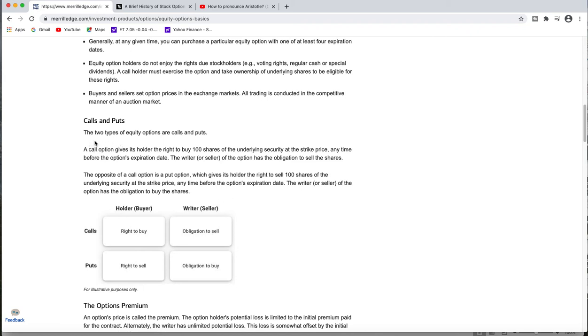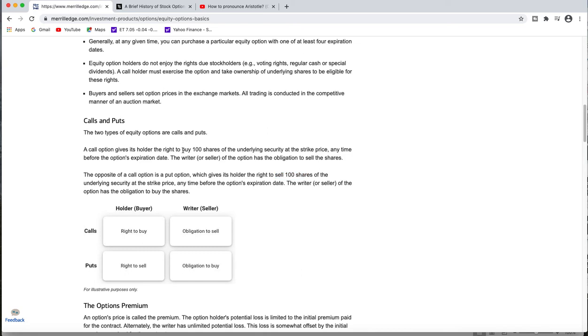Okay, calls and puts. The 2 types of equity options are calls and puts. A call option gives the holder the right to buy 100 shares of the underlying security at the strike price. The opposite of a call option is a put option, which gives the holder the right to sell 100 shares.